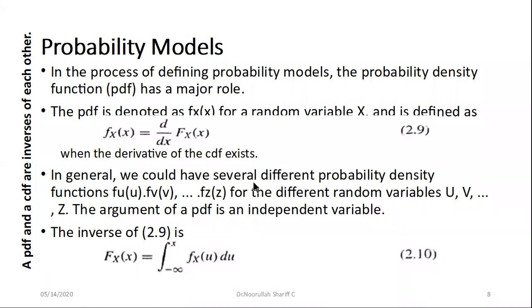In general, we could have several different probability density functions. Again, same things. Now this u, this v, and this z should have been capitals. The argument inside the bracket is an independent variable, small letters u, v till z.